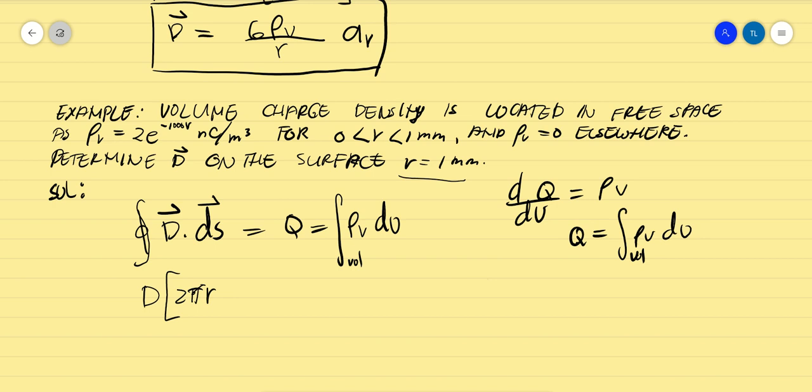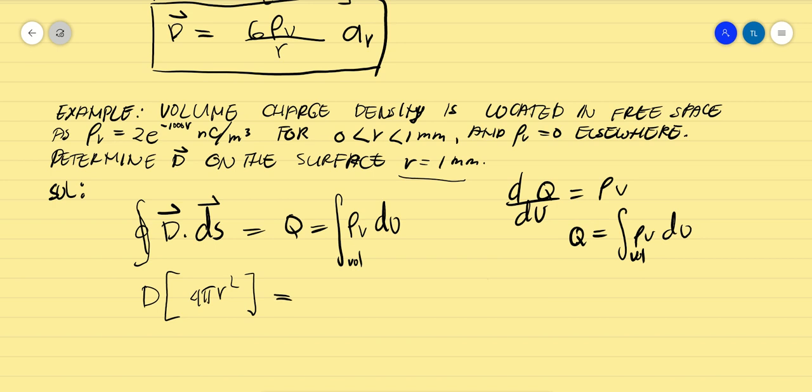It should be 4 pi r squared, the surface area of a closed spherical surface. Then this should be equal to the integral of rho V dV.